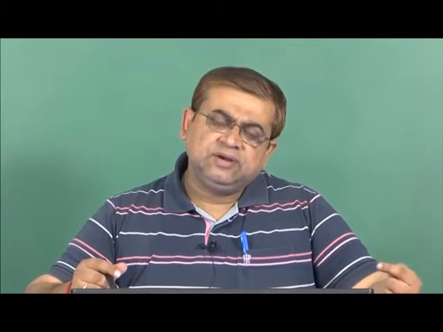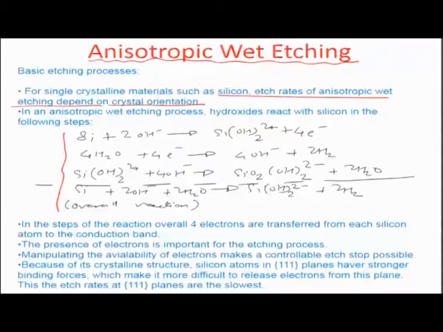So when we refer to the direction in which etching would take place, the 111 planes, having maximum atomic density, would have the slowest electron release, and because of that the reaction which leads eventually to the dissolution of silicon, given here in a bunch of different processes, is slow.